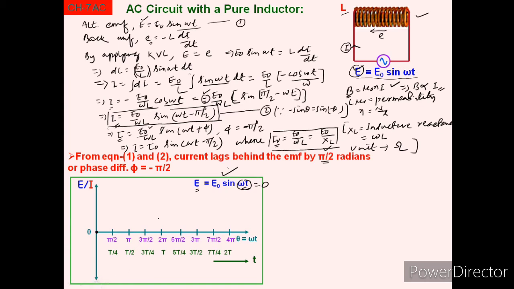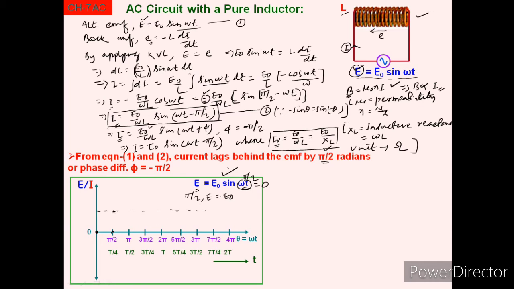Then by putting omega t equal to pi by 2, E is E naught sin pi by 2, and sin pi by 2 is 1, so this is E naught, which is the maximum value. Suppose this line represents the maximum value, then here it will be maximum.